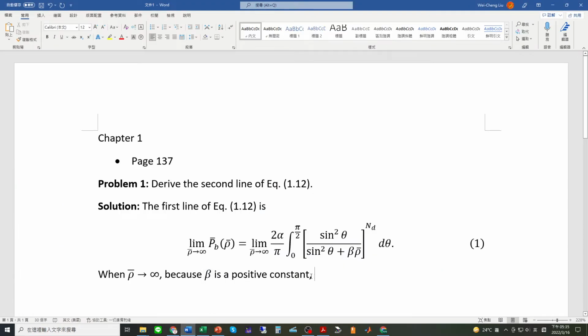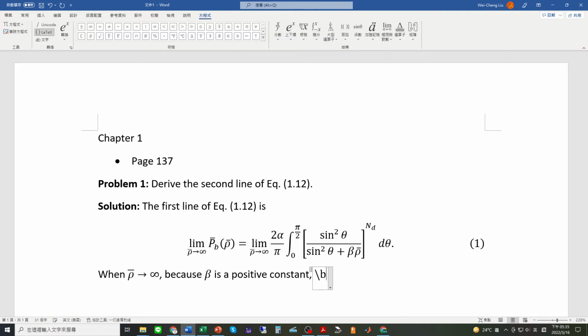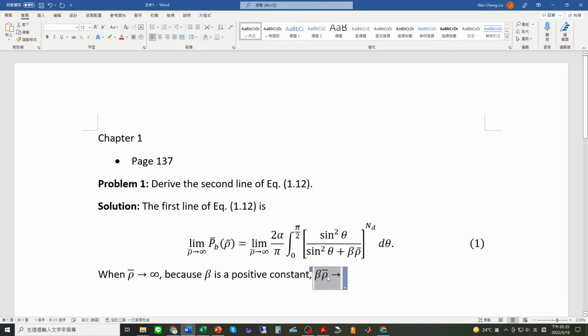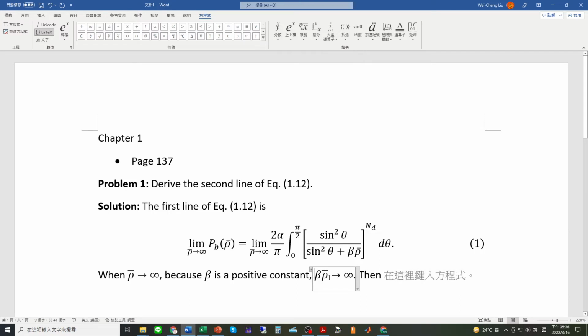So beta is a positive constant. So beta times rho bar also approaches, oh, I missed the infinity again, infinity. Then beta times rho bar is much greater than sine squared theta.